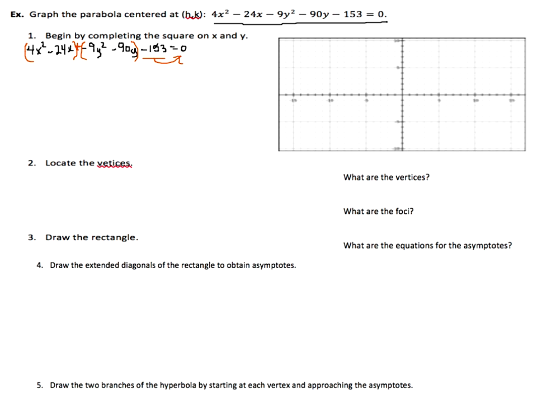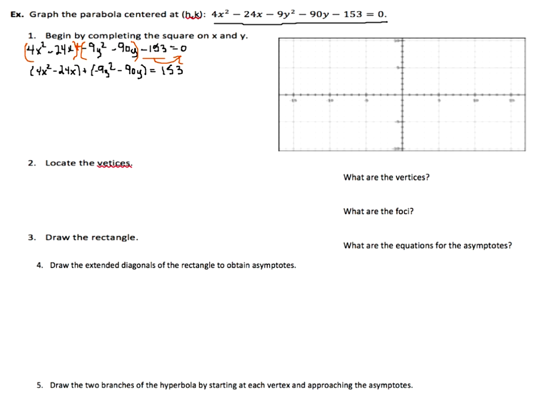Okay, so here's what we look like. 4x squared minus 24x plus negative 9y squared minus 90y equals positive 153.